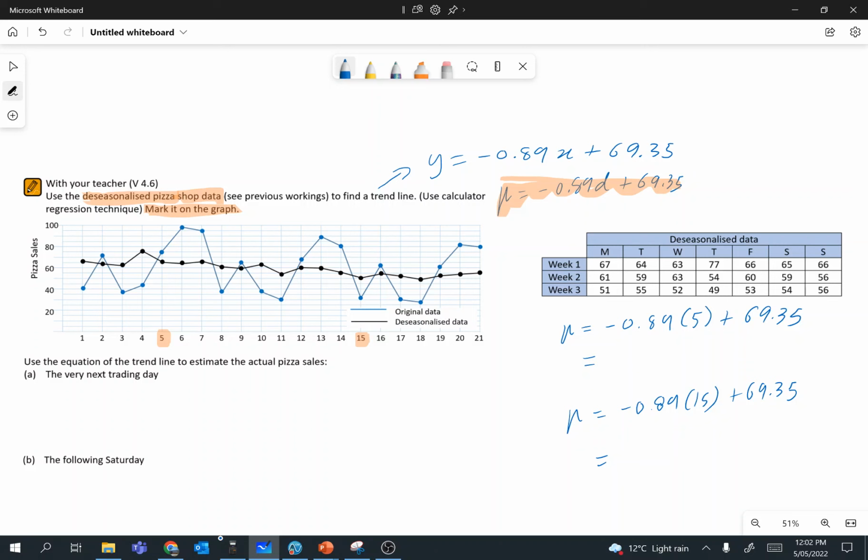Okay, so I'm going to move ahead now, and I've put these two values in. For 5 days, the corresponding value is 64.9 pizzas, and for 15 we get 56 right on the dot.